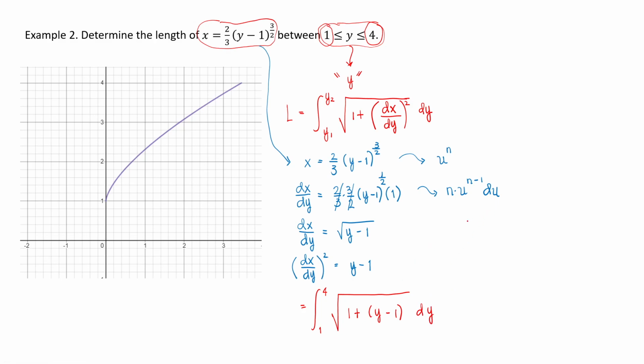Simplifying even further by eliminating the parentheses, it gives us 1 plus y minus 1 dy. Cancel out negative 1 and 1, and what's left is just the integral from 1 to 4 of the square root of y dy.